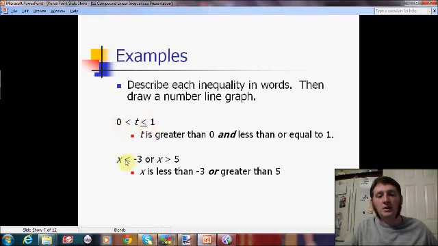And I'll be honest with you, a lot of people just cheat and say that t is between 0 and 1, including the 1, but not including the 0. So that would be exclusive on the 0, inclusive on the 1, because of the or equal to. This one on your notes you would read is a lot more straightforward. X is less than negative 3, or x is greater than 5.